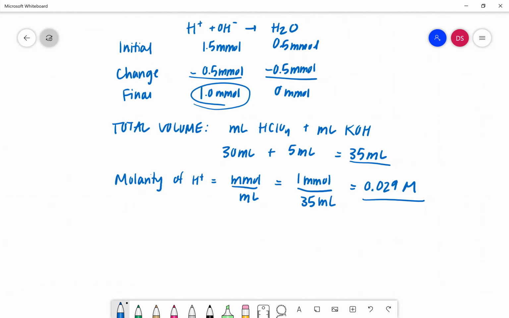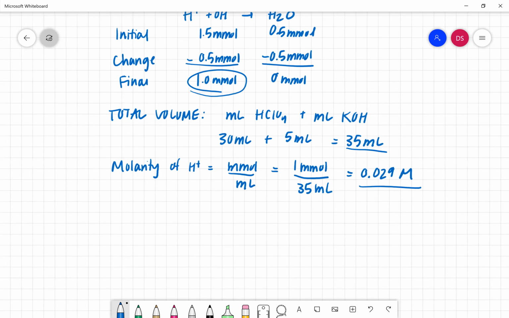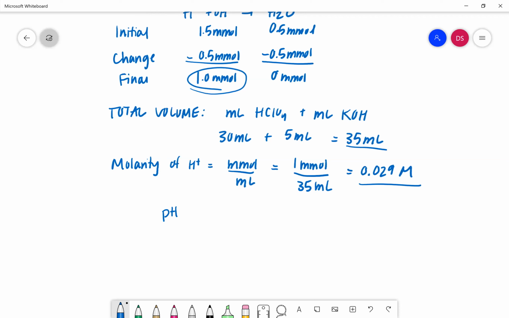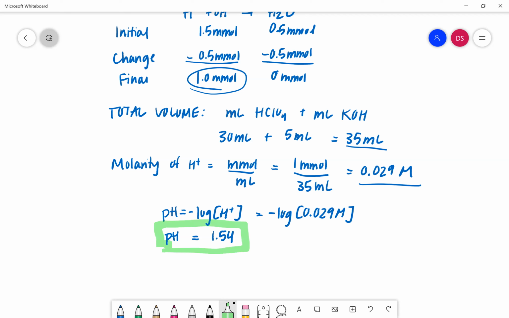Now that we have the molarity, we can plug this into the pH equation. So pH equals negative log of 0.029 molar, and that gives us 1.54. So the pH is 1.54.